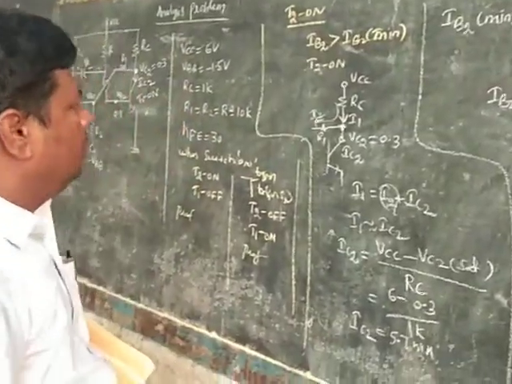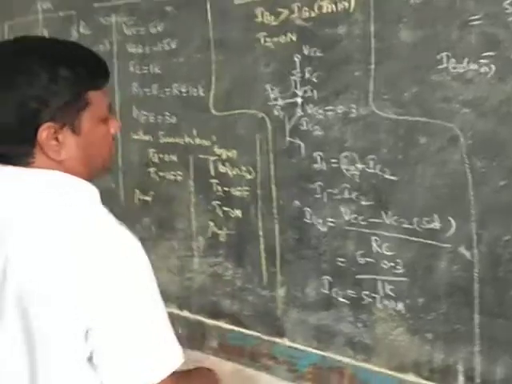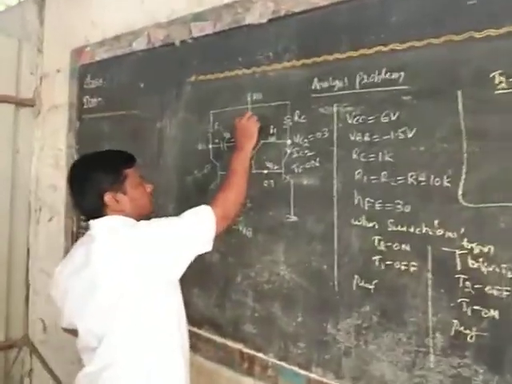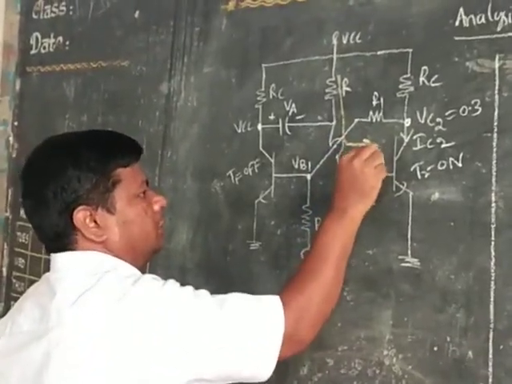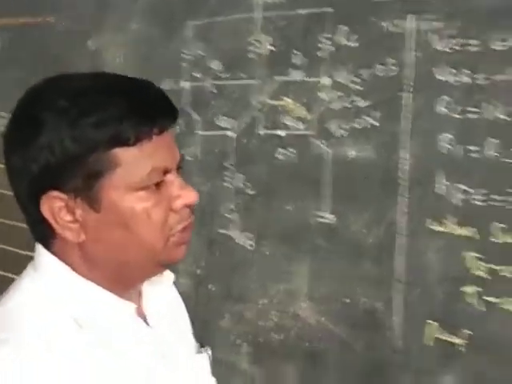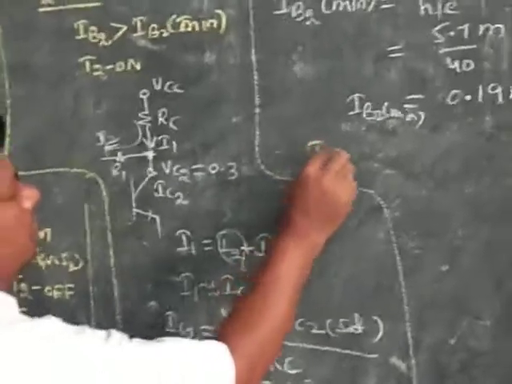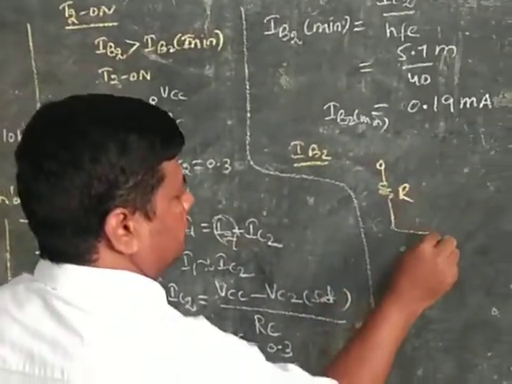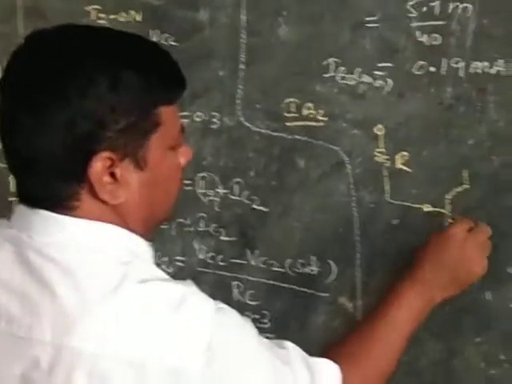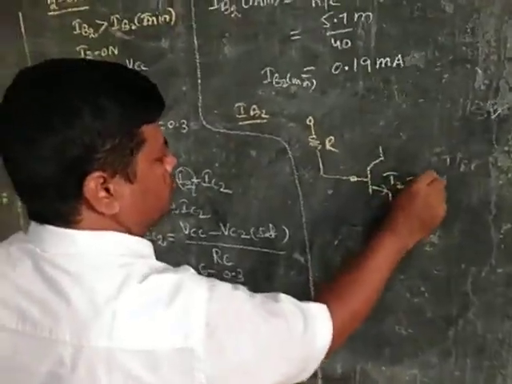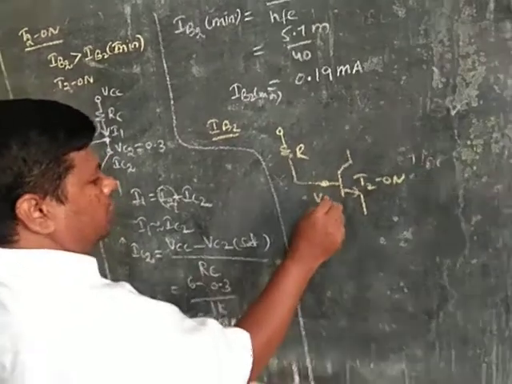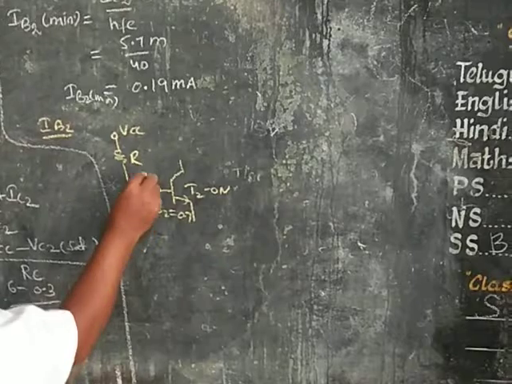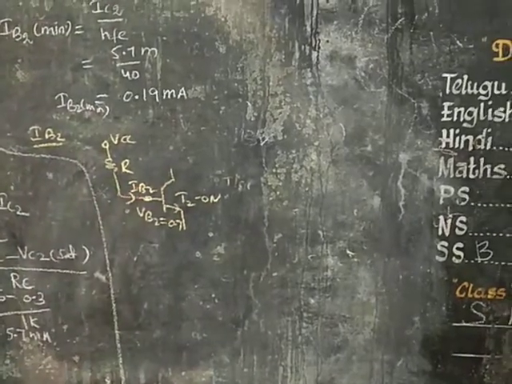Then calculate IB2. Consider here the IB2 current. This is the path, this is IB2. Here the branch has this resistor and this transistor T2. Here VB2 is 0.7, here VCC, and here the current is IB2.